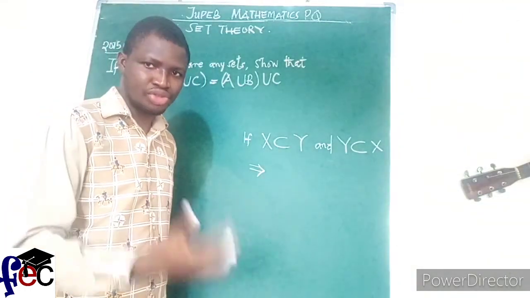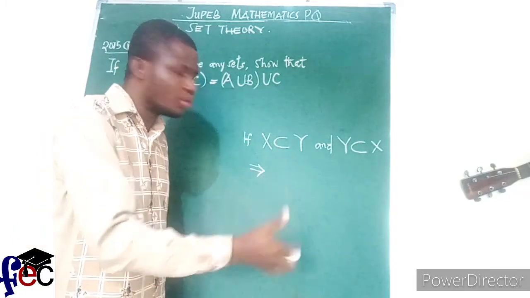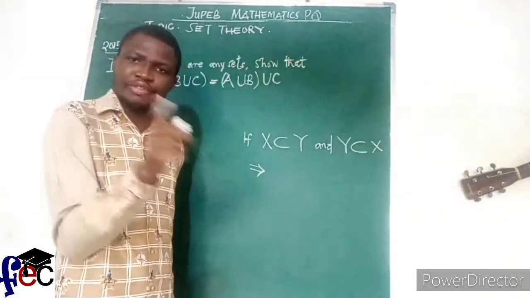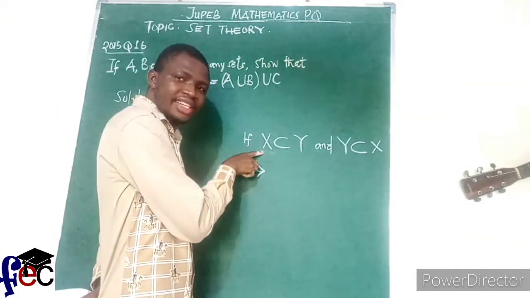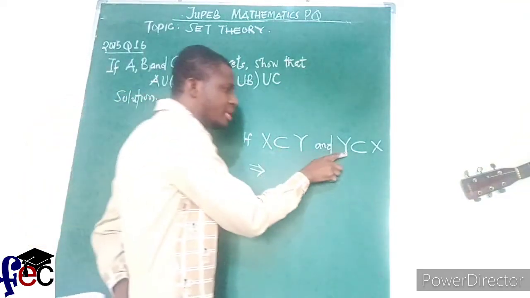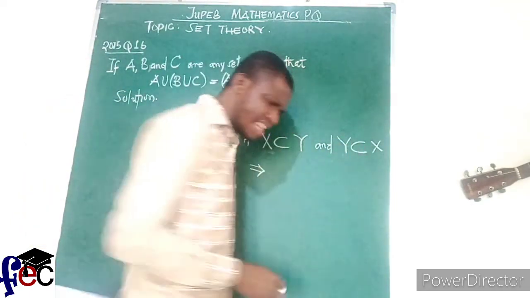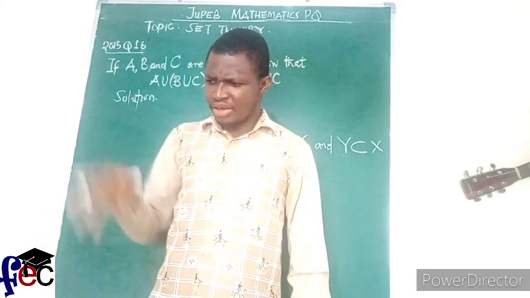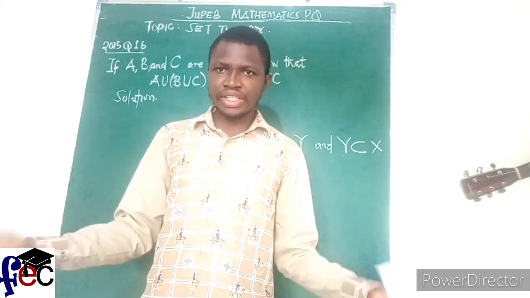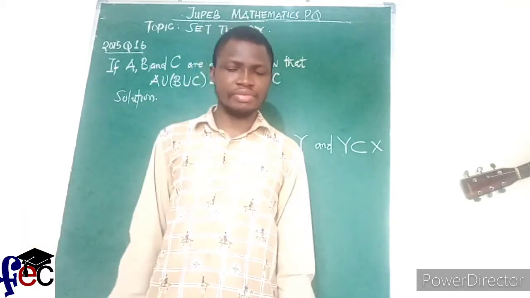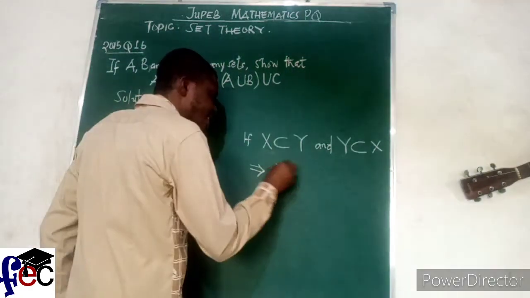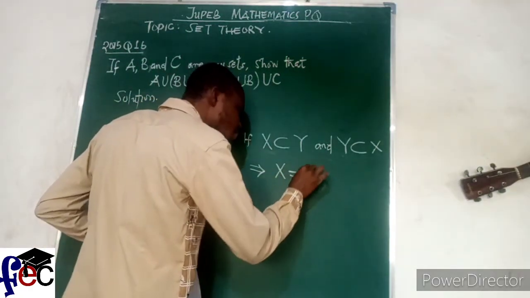I'm trying to show you what you will need to know to be able to prove this question. What this means is that if all the elements in set X can be found in set Y, and all the elements in set Y can be found in set X, so what does that mean? All X is in Y, all Y is in X. That means X and Y are the same. So I can infer that definitely set X is equal to set Y.